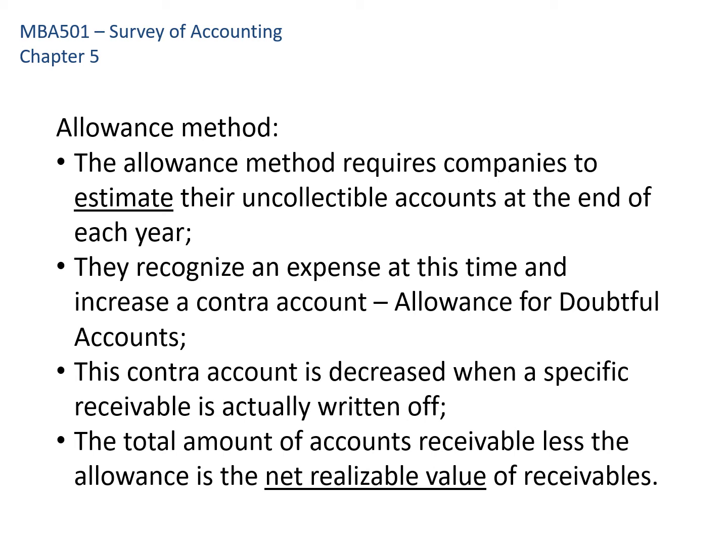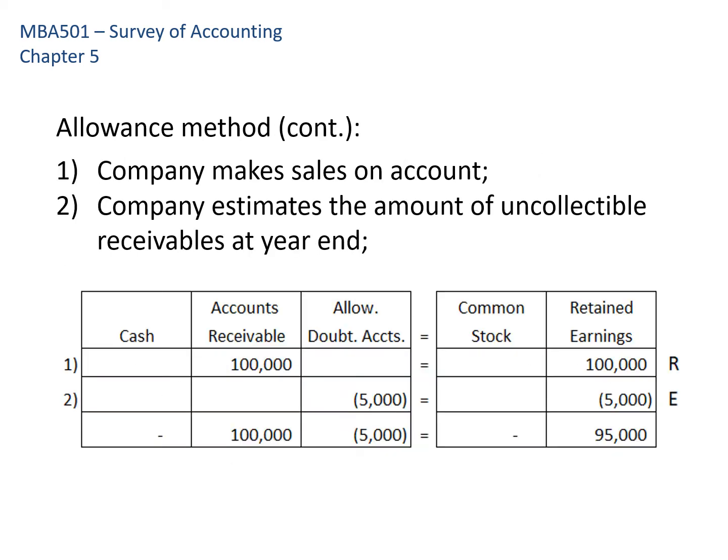So let's walk through an example here. A company makes a sale on account, so $100,000 in sales, so retained earnings goes up, accounts receivable goes up. At the end of the year, they'll use one of a couple of different methods. The first two that the book talks about are percent of sales or percent of receivables. So let's just say they used 5% of sales.